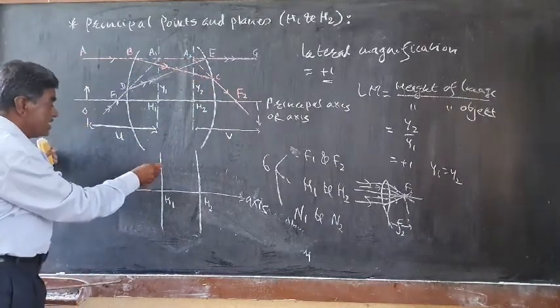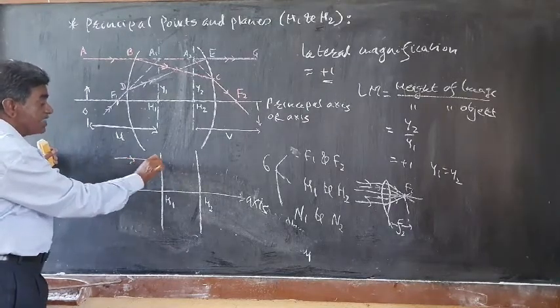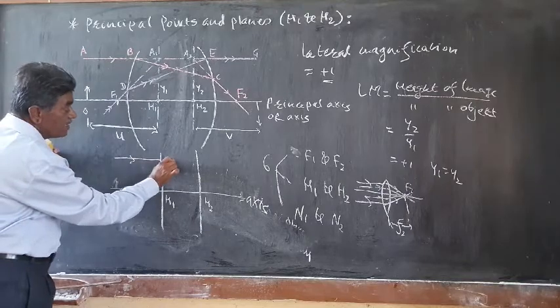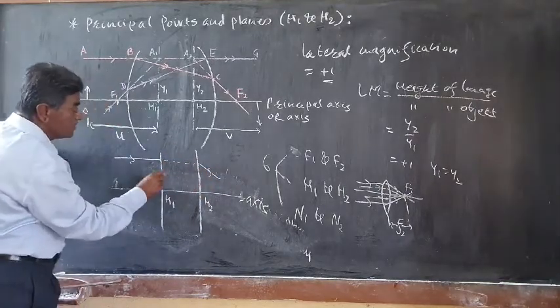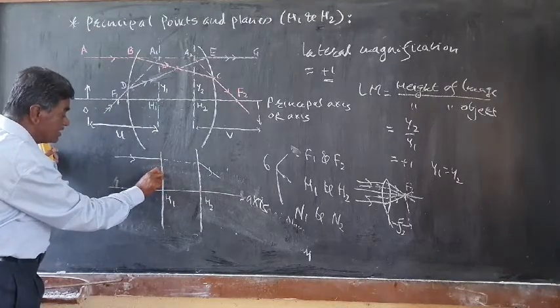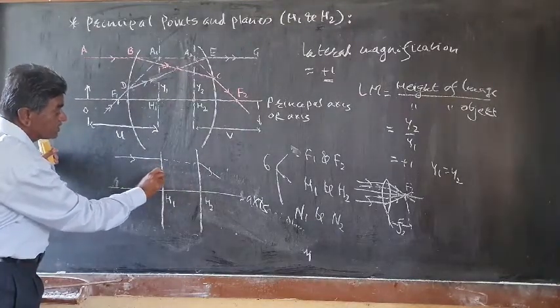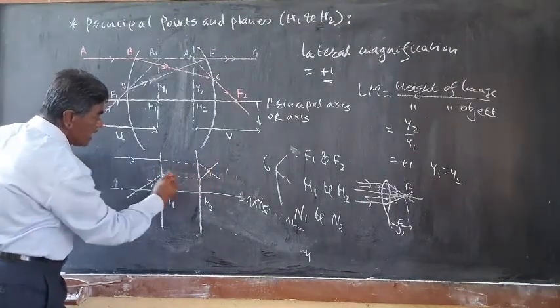If any ray is incident at this distance, its emergent ray will proceed from this point. Similarly here, if the incident ray is incident like this, its emergent ray will go like this at the same height.